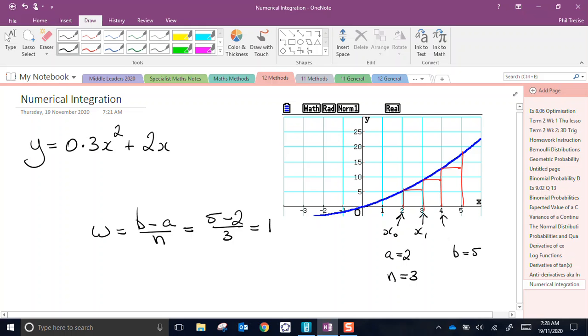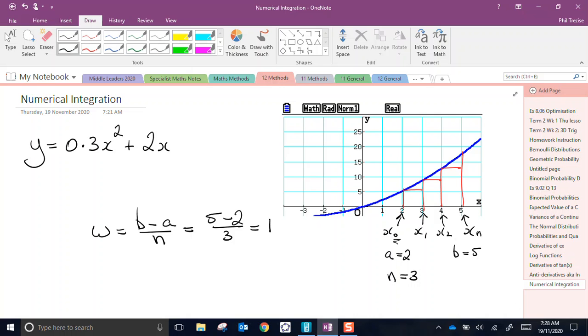This one will be x2 and so on. This one will be x3. I might designate it as xn, because in my case n equals 3, it's x3, but if I had used 10 rectangles, it would be x10. Always start with 0 on the extreme left-hand side, which is the same as the value a, the lower limit for the integration.